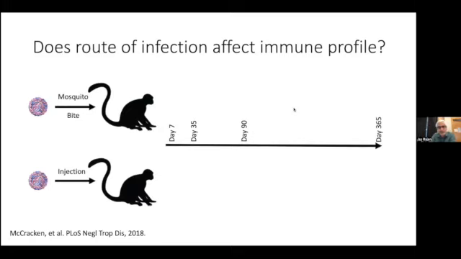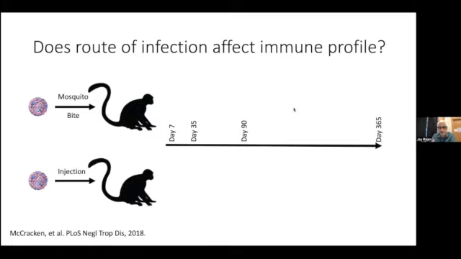And then even better, they serially followed the macaques. So we had baseline pre-infection serum and collected serum at multiple time points: day 7, day 35, day 90, and up to a year post-infection.